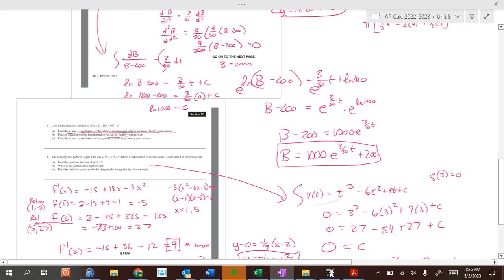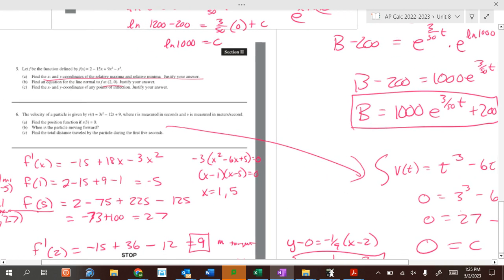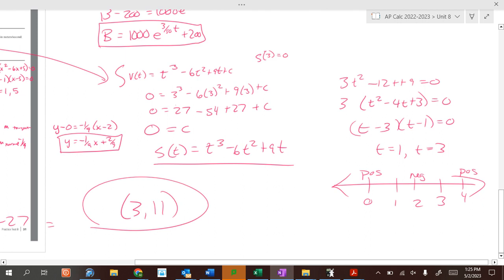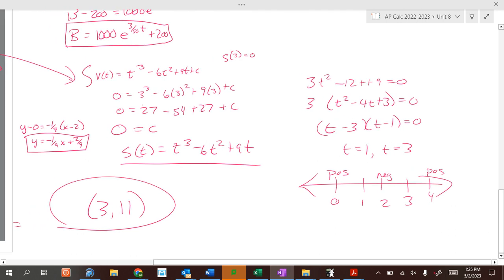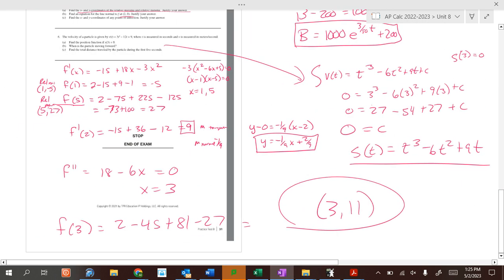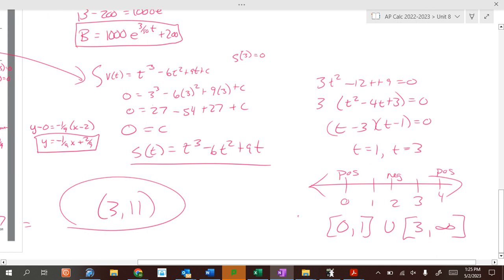So it asks, where is the particle moving forward? Well, from time equals 0 to 1, and from 3 to infinity, it would be moving forward. Okay.